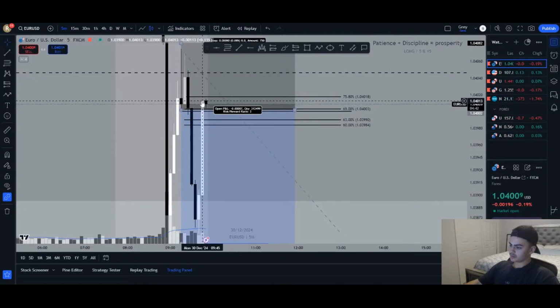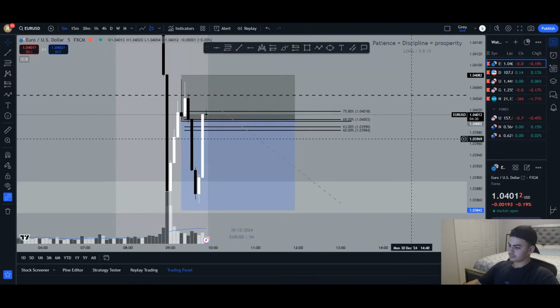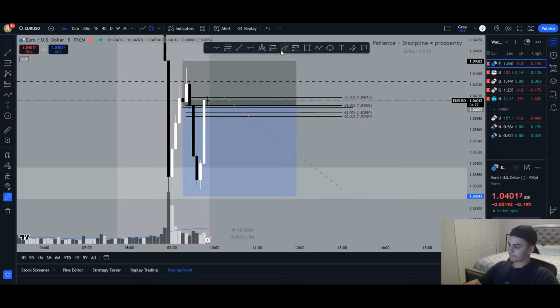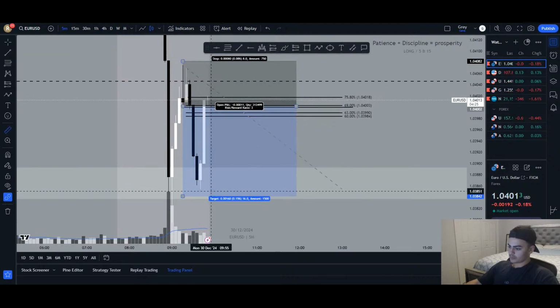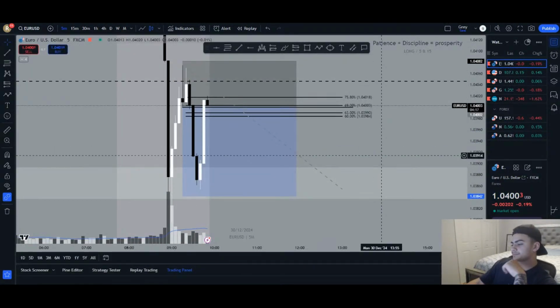No top wick on this one either. And we went from 1 pip from TP to break even.